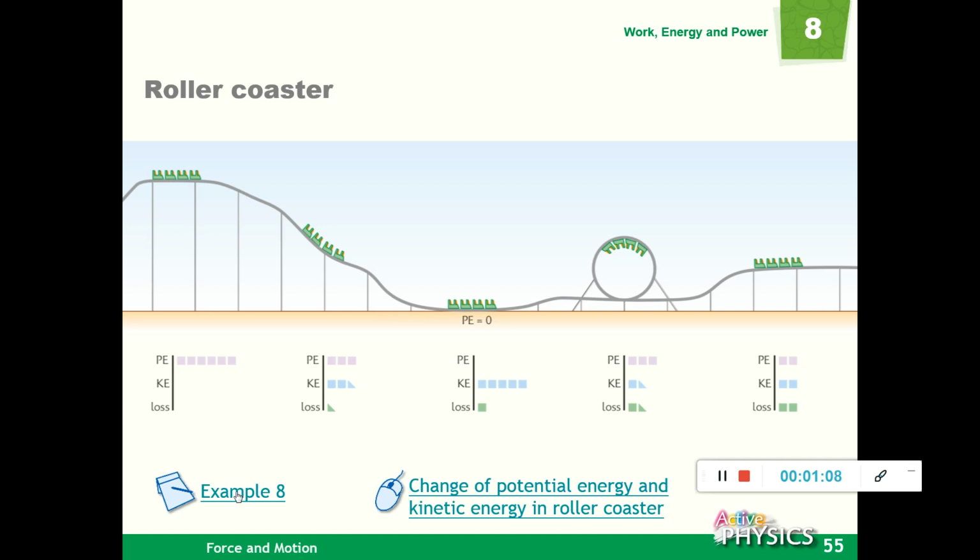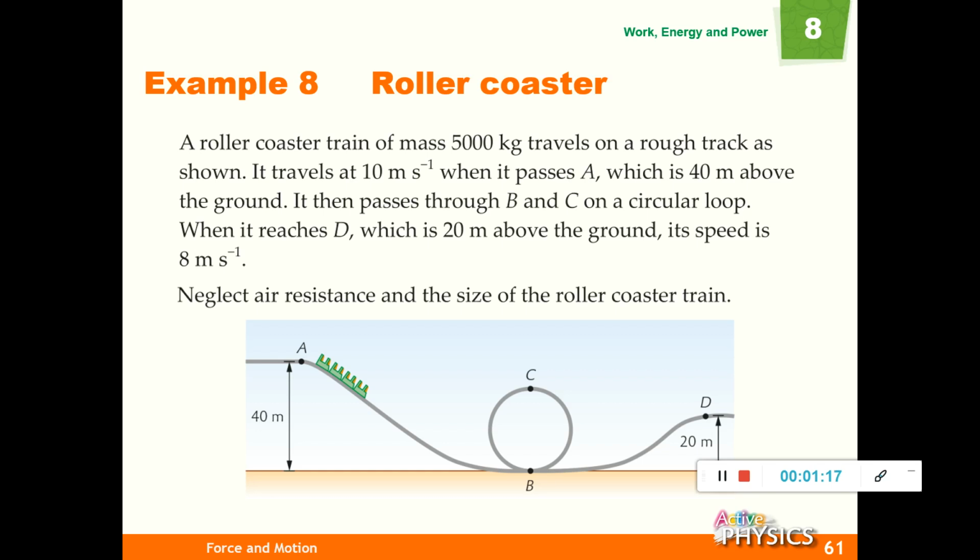Okay, try to look at example 8. Roller coaster. The question tells you the different positions A, B, C, and D, and gives you all the details.